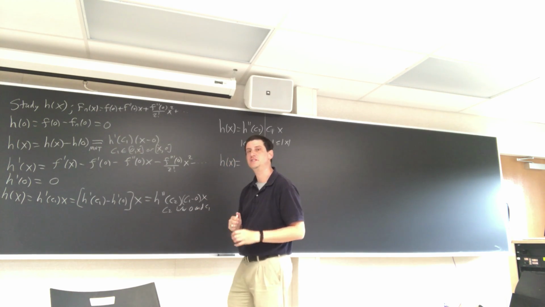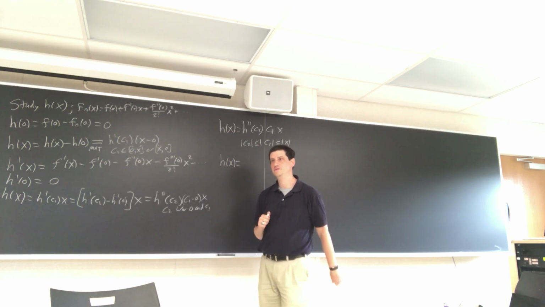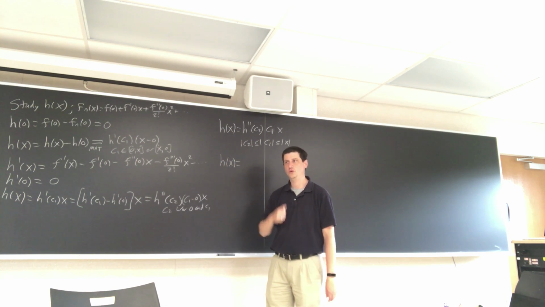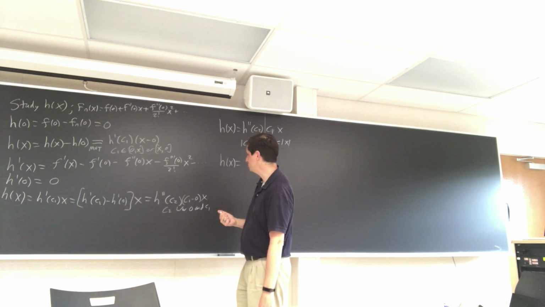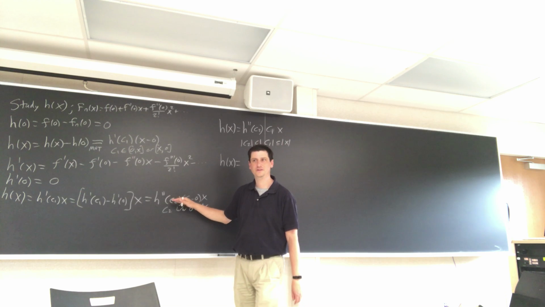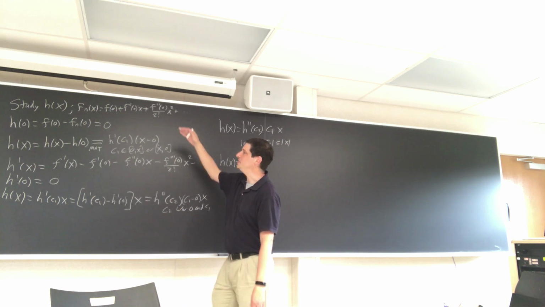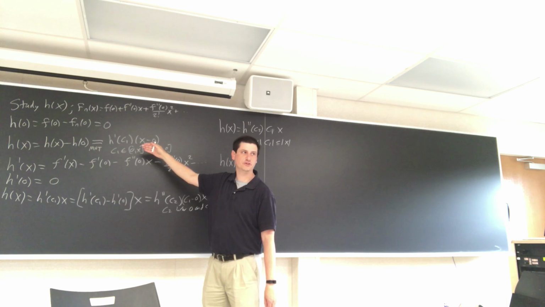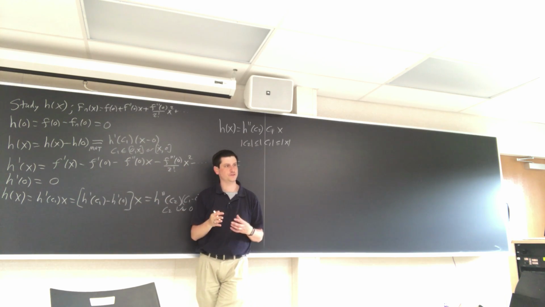No, h triple prime of 0. Oh, 0. So h of 0 was 0, h prime of 0 was 0. Oh, did I skip h double prime? I'm sorry, h double prime. What should h double prime of 0 be? 0. And h triple prime of 0. All the way up to the nth derivative of h at 0 should be 0, because we've chosen our polynomial to match the first n derivatives.